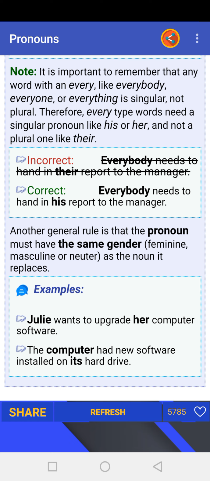Julie wants to upgrade her computer software. The computer had a new software installed on its hard drive. So computer is a neuter noun and it takes a neuter pronoun, so we should use its.